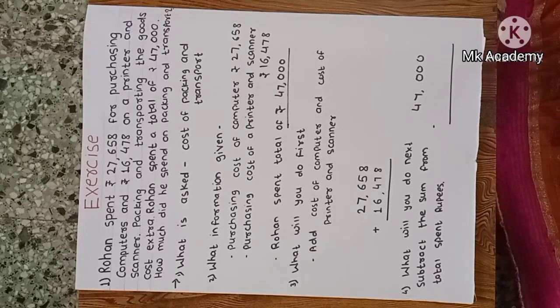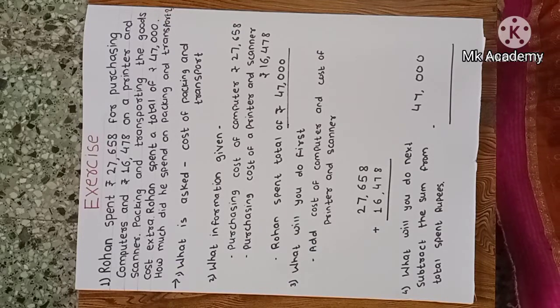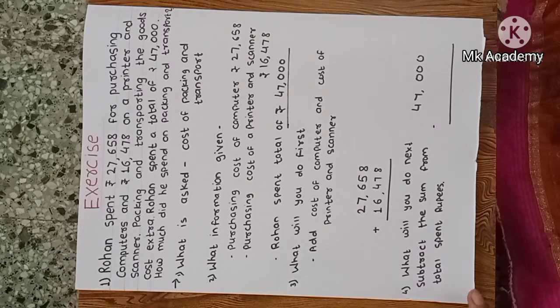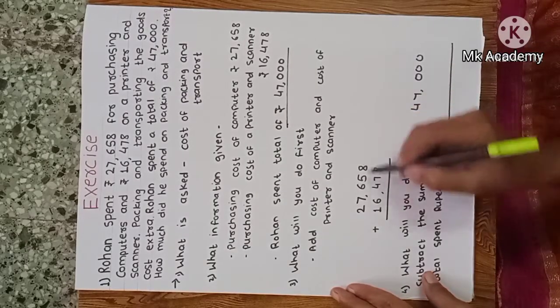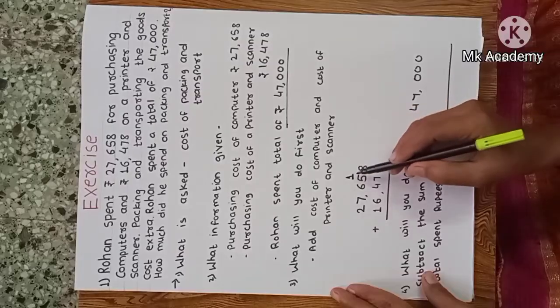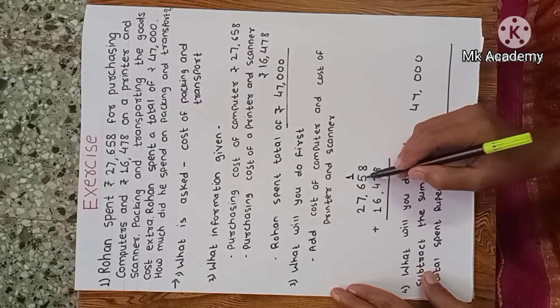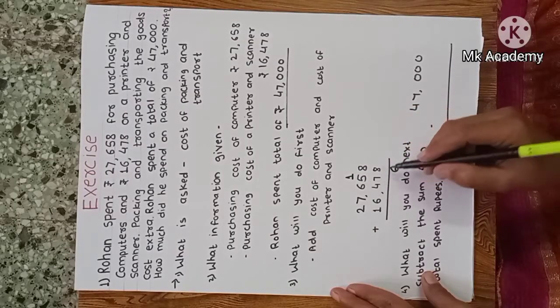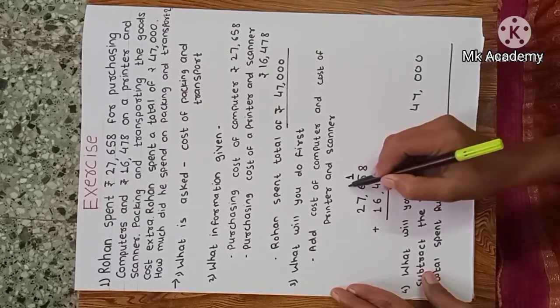Then what will you do first? We first add the cost of computer and the cost of printer and scanner. 8 plus 8, 16, carry 1. Now 1 plus 5, 6, 6 plus 7, 13, carry 1.